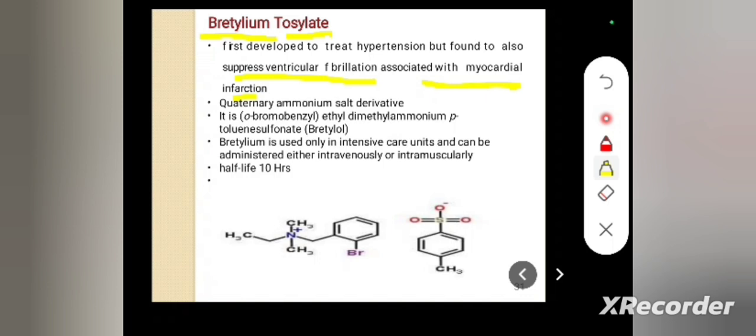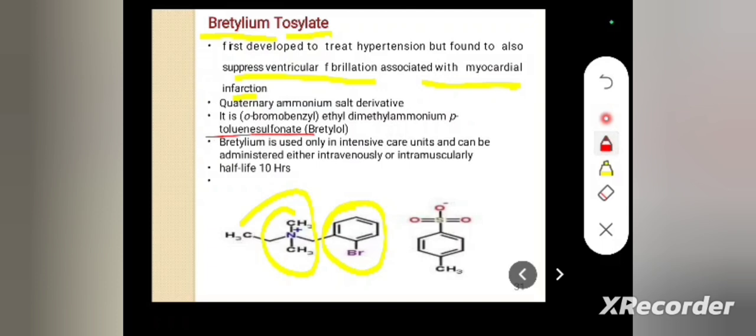Okay, so chemically bretylium is a bromobenzyl quaternary ammonium compound. So this is the chemical derivative of bretylium, a quaternary ammonium salt derivative, and when writing the IUPAC name of this compound, we can write ortho-bromobenzyl ethyl dimethyl ammonium tosylate, that is toluene sulfonate.